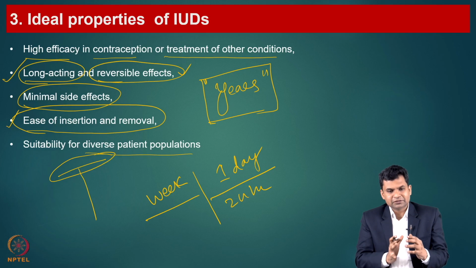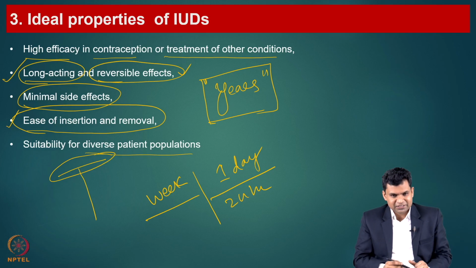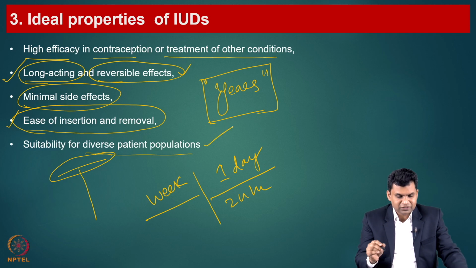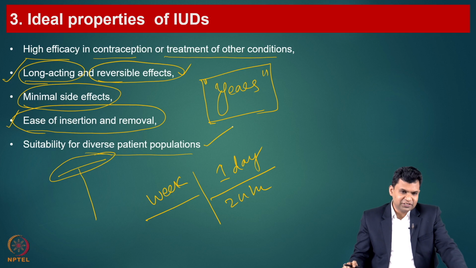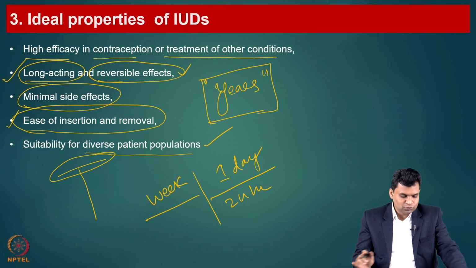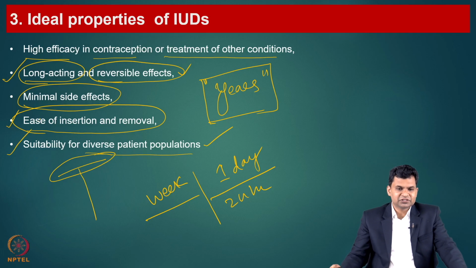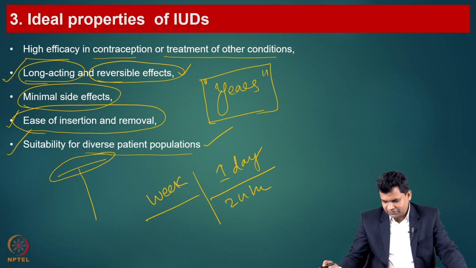There are regions that avoid all types of such contraceptives. So, you need to make a device system that can be useful for diverse patient populations, even if patients are suffering from uterine infections, and that can be easily placed. So, you have to make it suitable for diverse patient population applications.